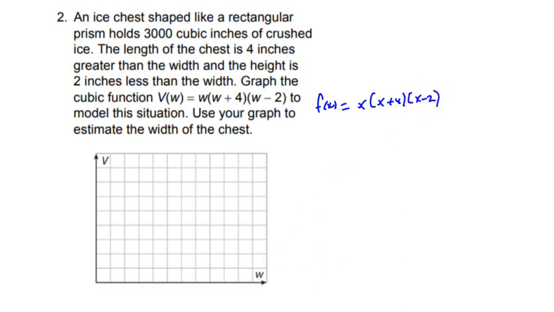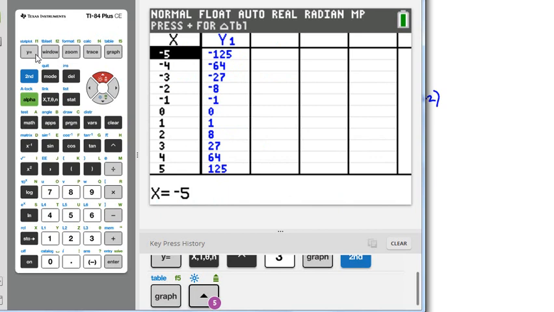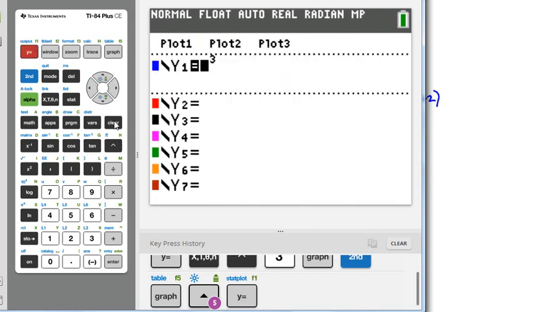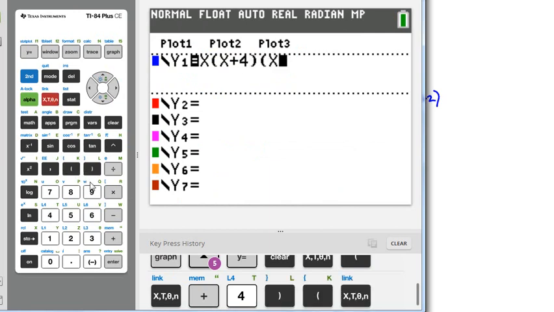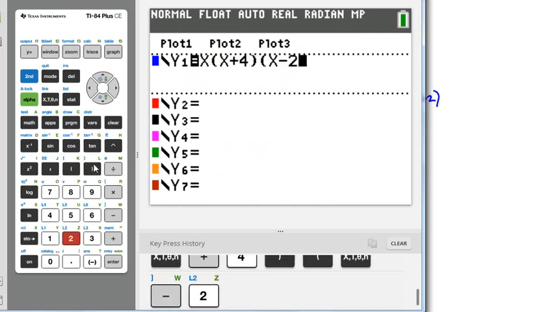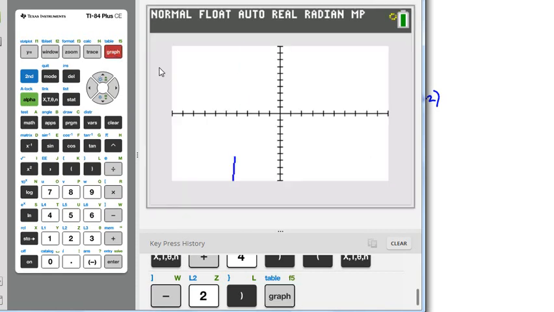So in the calculator we have x, plus 4, x minus 2. Then we just press graph.